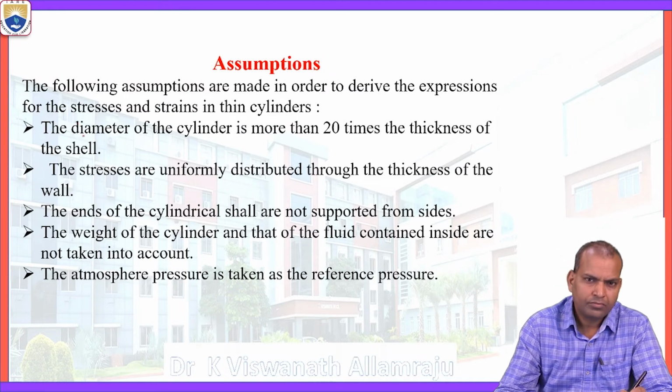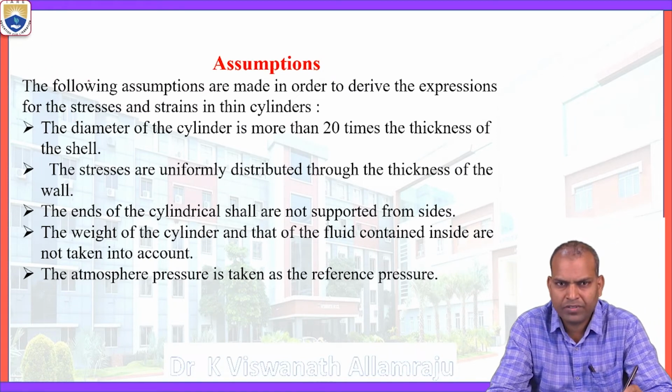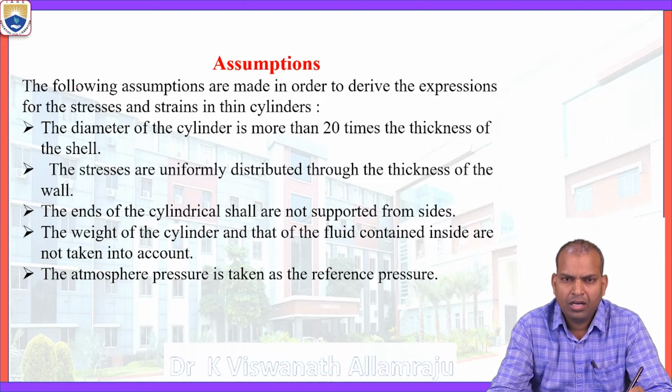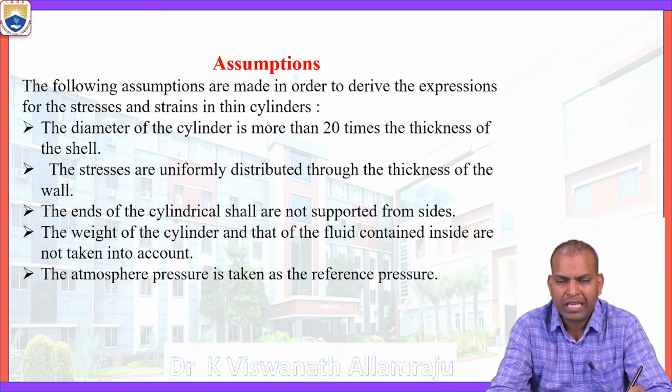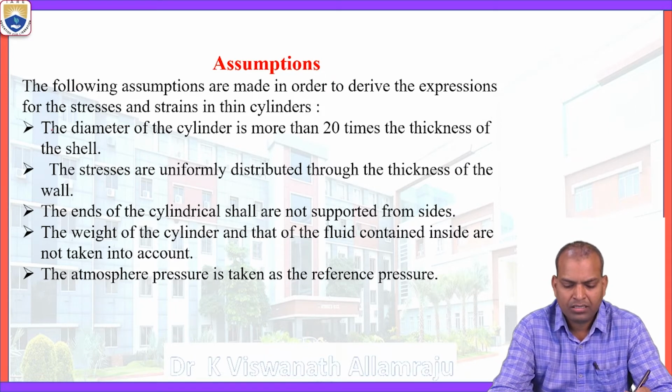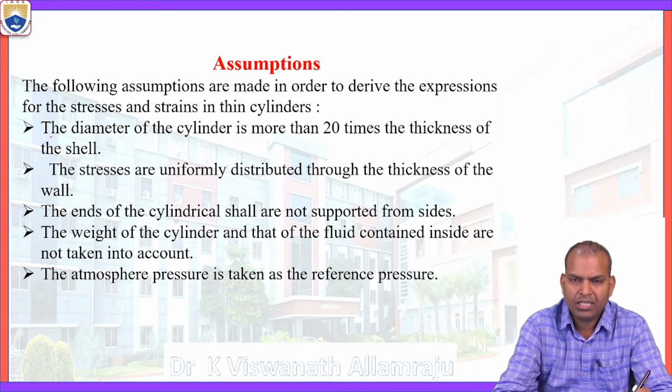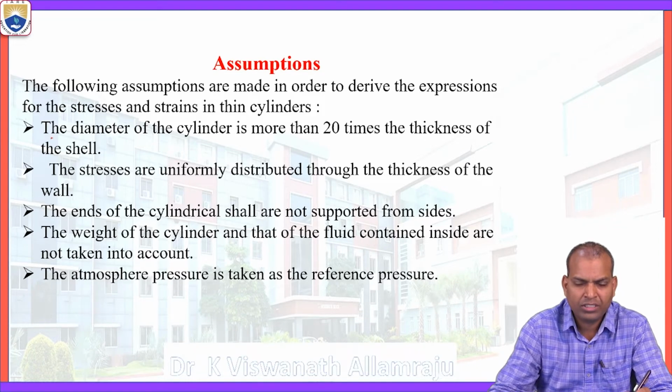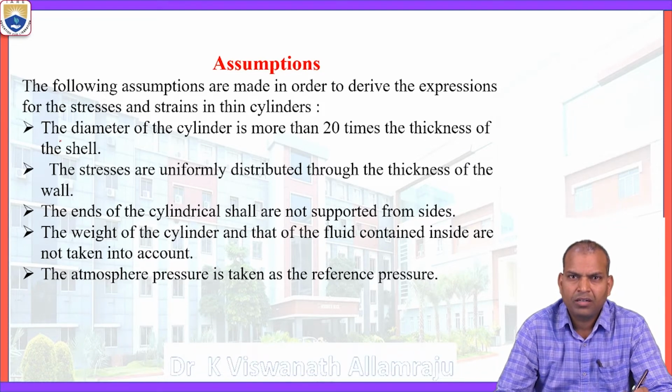Now, coming to the assumptions, there are various assumptions while designing, studying and analyzing thin cylinders. The assumption is that the diameter of the cylinder is more than 20 times the thickness of the shell.